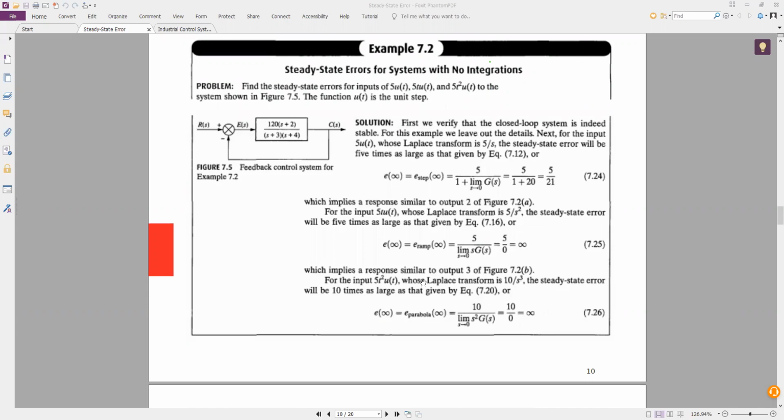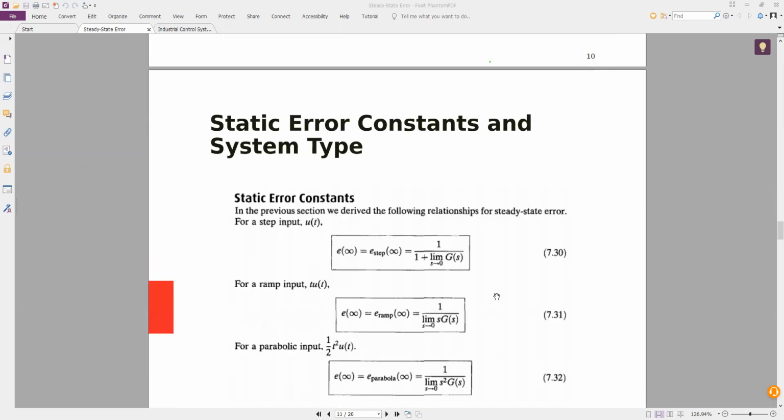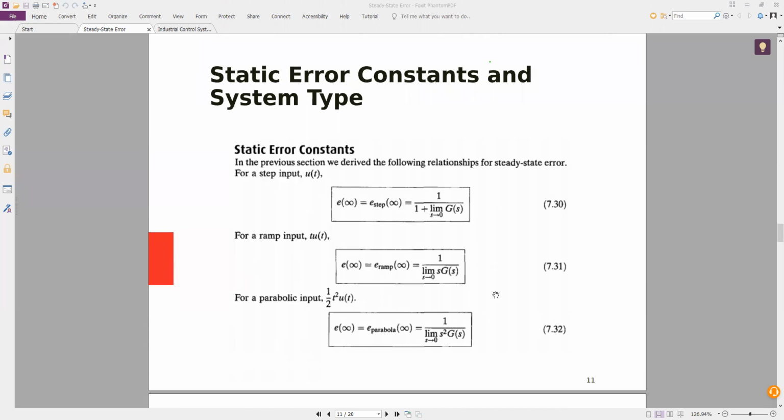So if you take the Laplace transform of this one, then you will get 10 by s cube. So put the value, you get infinity. So see, for the step input, you have a finite value. Otherwise, you do not have a value; those are infinity.